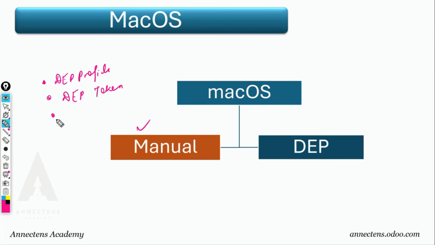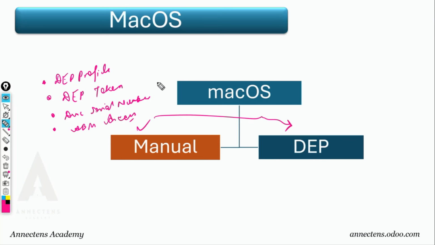Then we require the device serial number, and for that device we require ABM access. If you don't have ABM access, it will not work. So these things are especially required for your DEP profile setup.